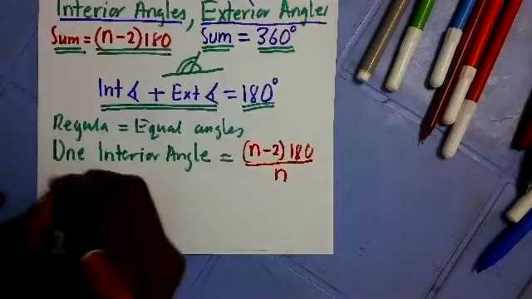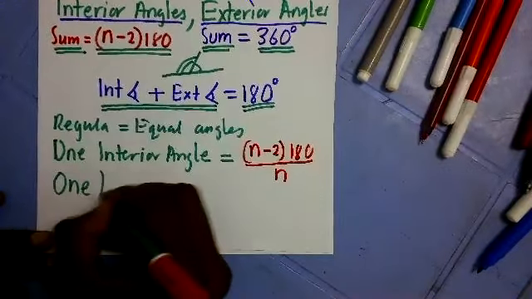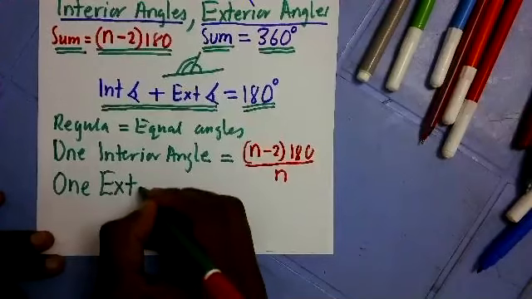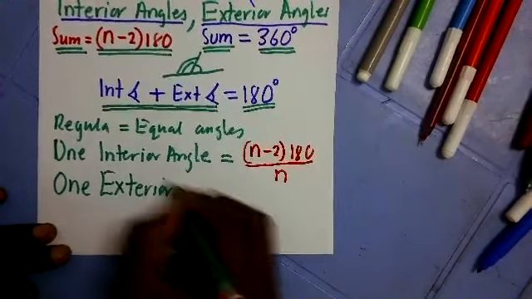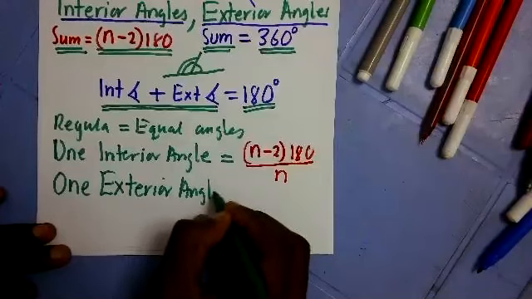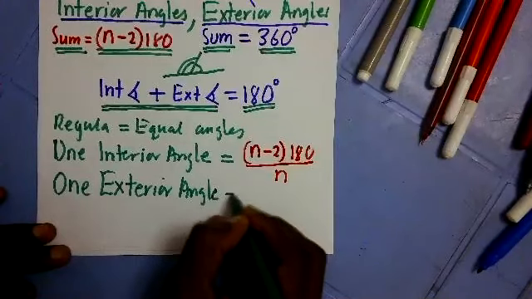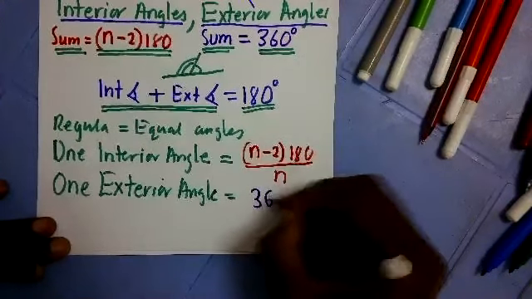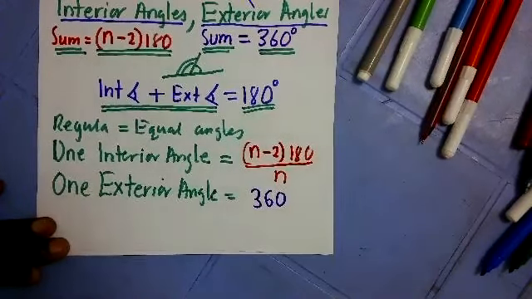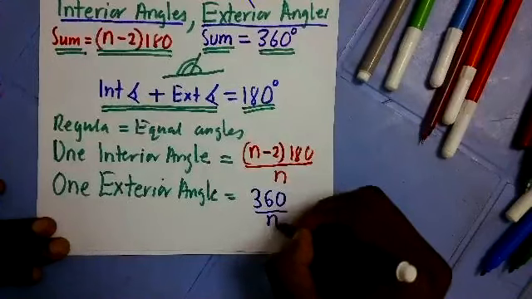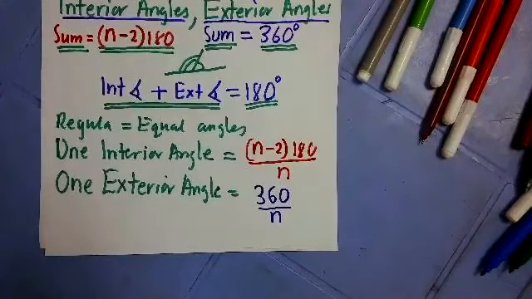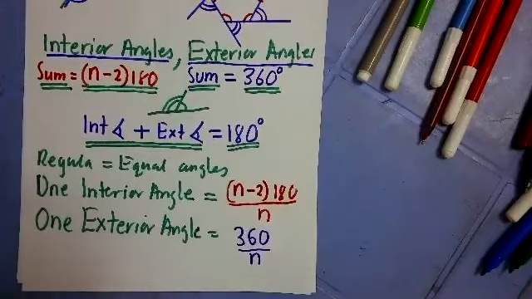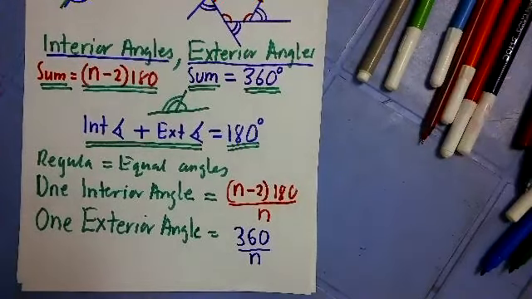If I want also one exterior angle of a regular shape, I will say the exterior angle sum which I have, divide it by the number of angles. So these are the important formulas when we are dealing with the angles in polygons.